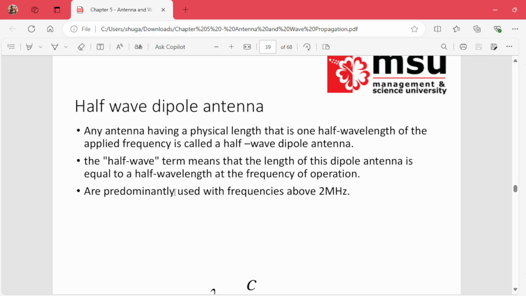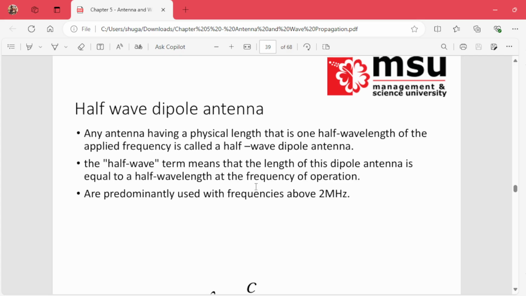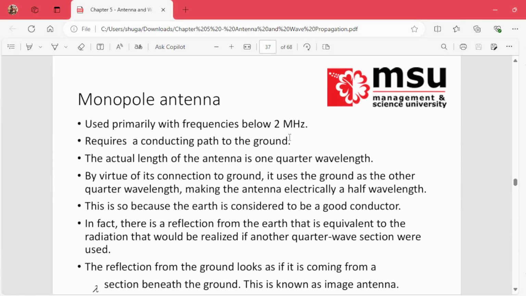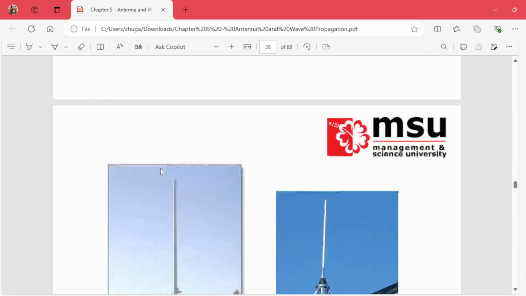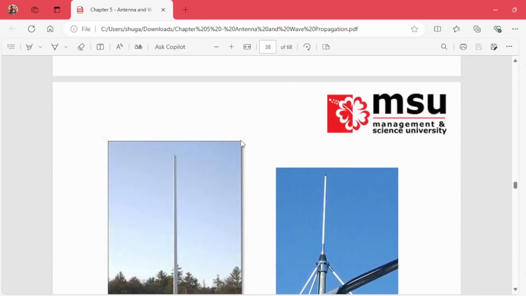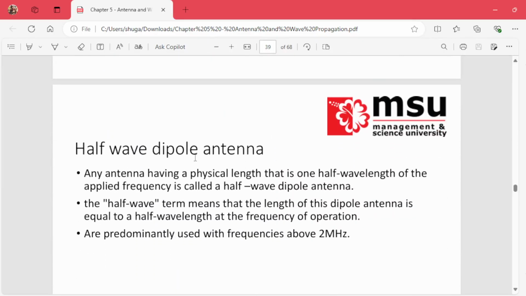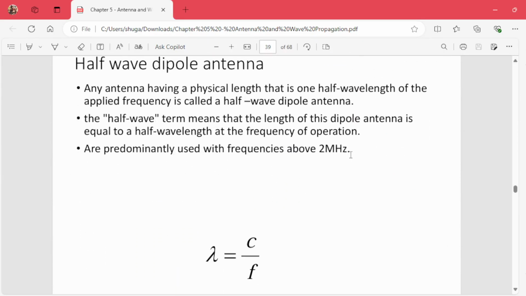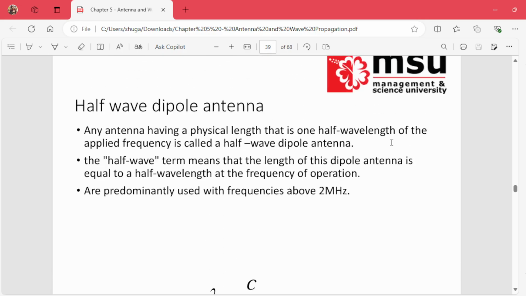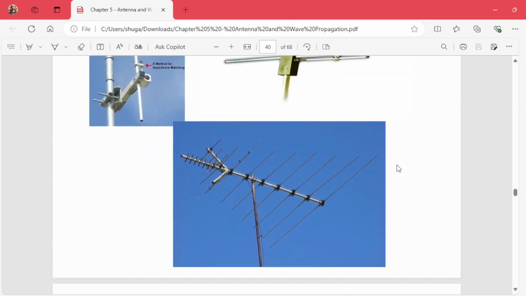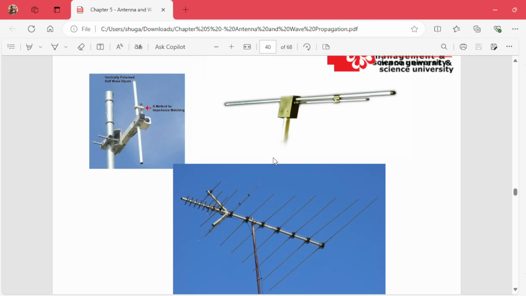It is more predominantly used with frequencies above 2 MHz, whereas the monopole is below 2 MHz. This is what we usually see when we used our old TV before this. This is how the half dipole antenna looks.